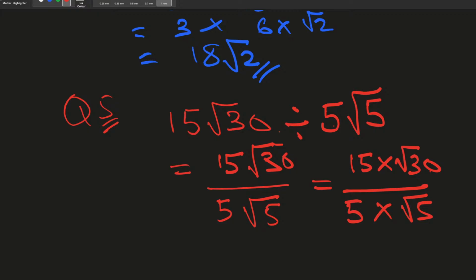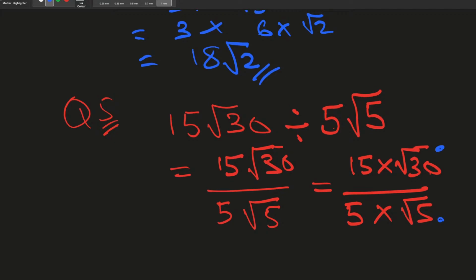Multiplying, meaning that we have to separate them. So you see that we can group the items. The root 30 and root 5 are of the same family, and 15 and 5 are of the same family as well.